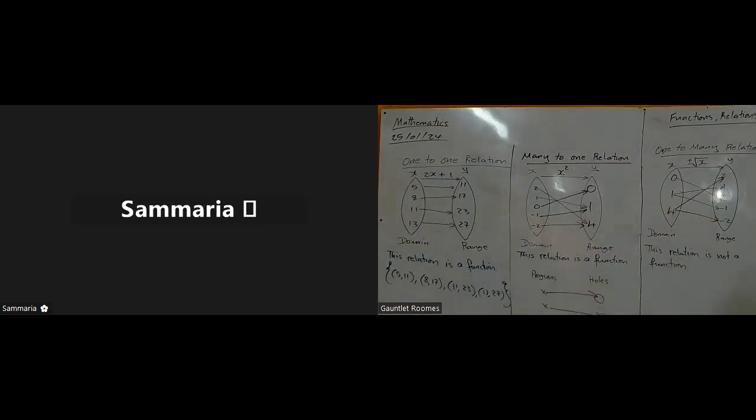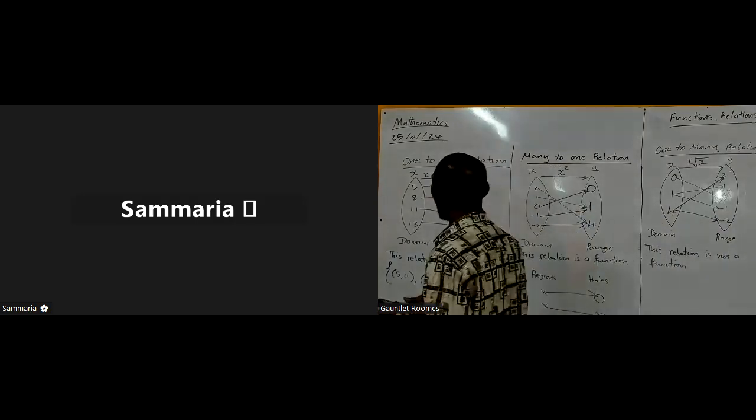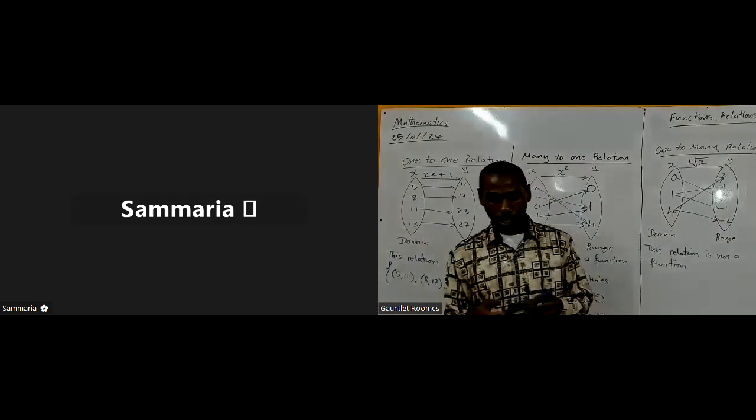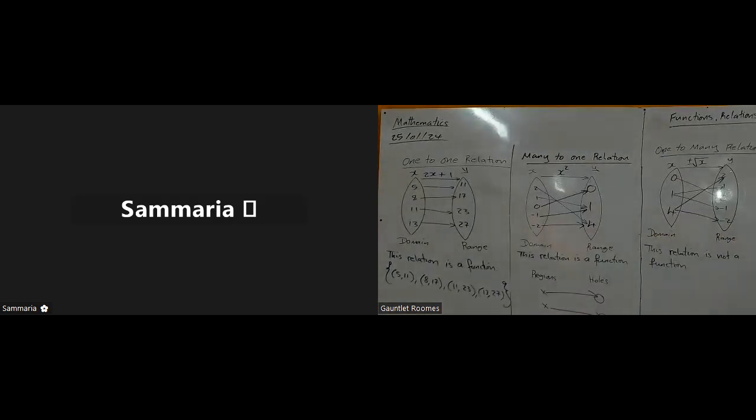Now, the first one we look at is what we call a one-to-one relation. And a one-to-one relation, we said that that relation is a function. That is what it is. It is a function, a one-to-one relation.